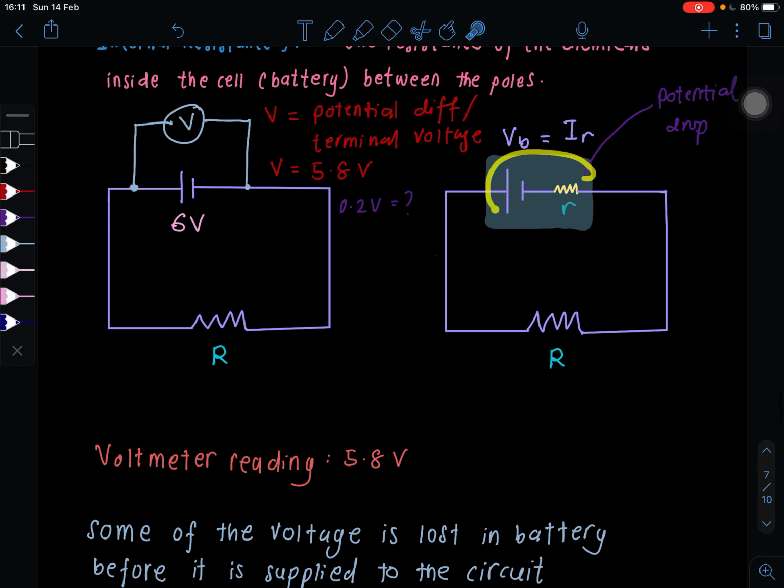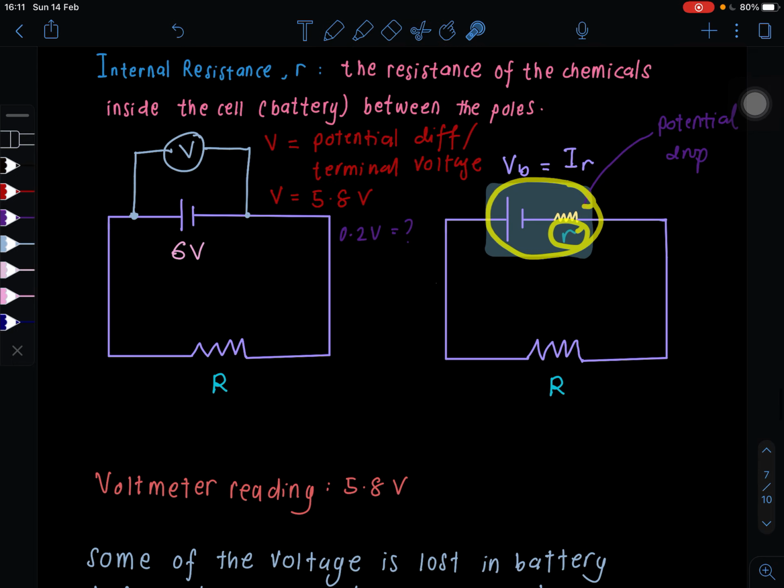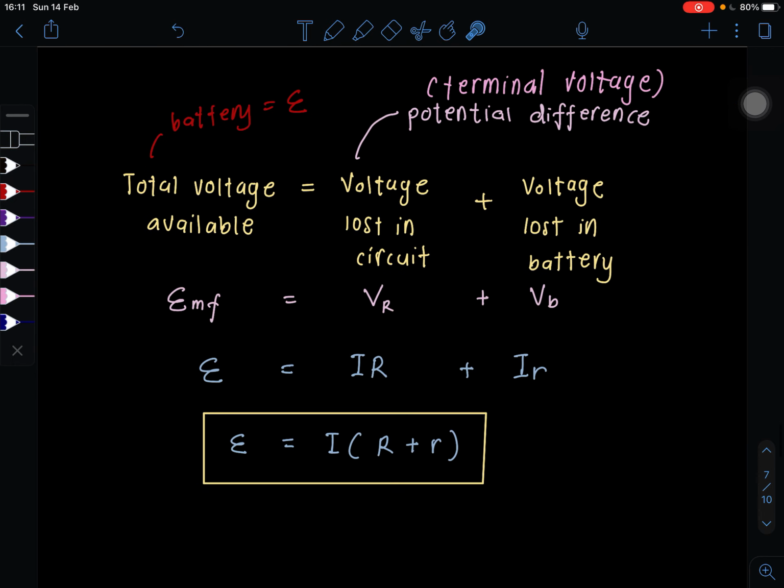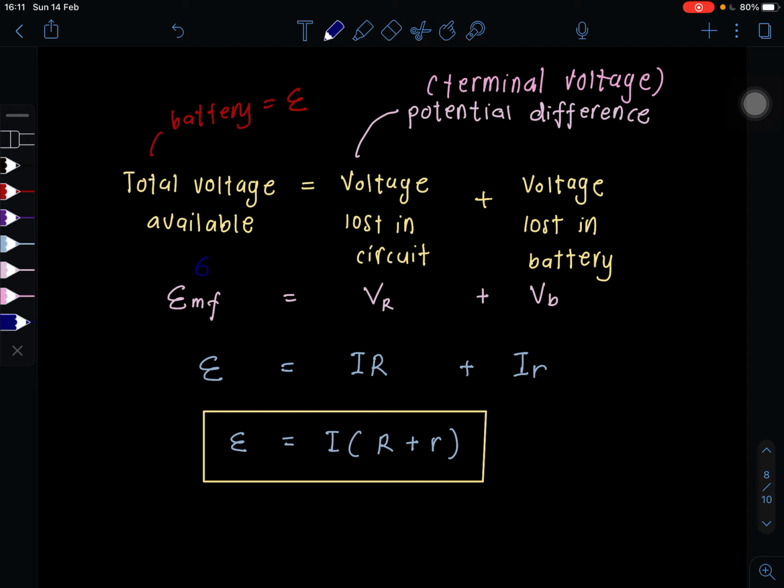The voltage loss in the battery is due to the internal resistance, which is equal to current times internal resistance. Or more simply, we write EMF equals V_R, which is the potential difference, plus V_B, the voltage loss in the battery. So the 6 volts is the value of EMF, and 0.2 is the value that is lost in the battery, and this one is 5.8 volts. So 5.8 plus 0.2 gives us the actual value of the battery.